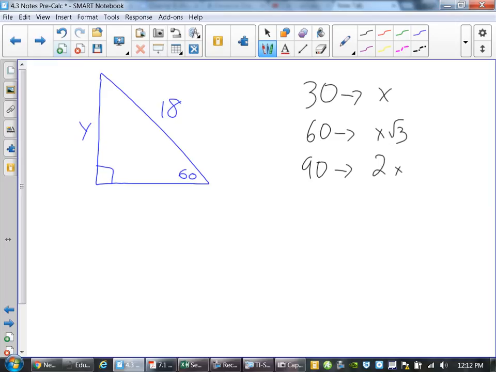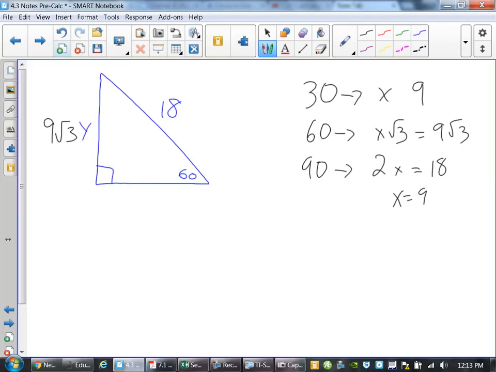Opposite the 90. So that means opposite my 90 is 18, has to relate to this 2x. So 2 times what is 18? 9. That means my value of x, the scalar multiplier, is going to be 9. So across from the 30 is 9. Across from the 60 is 9 root 3. That's how we did that long form.